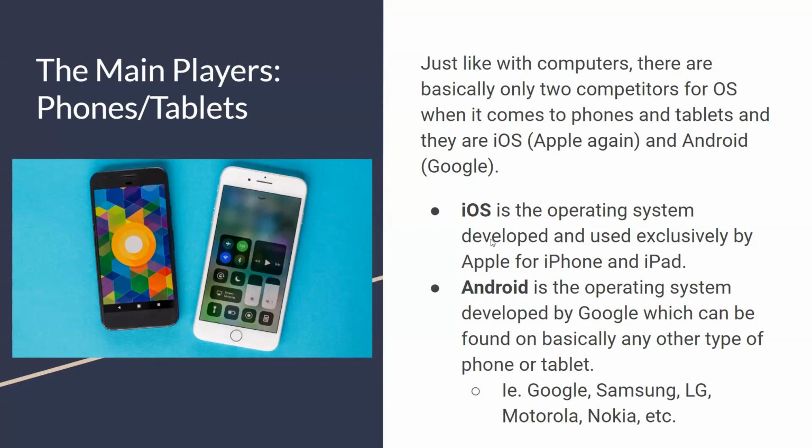So iOS is the operating system developed and used exclusively by Apple for iPhone and iPads. Android is an operating system developed by Google, which could be found on basically any other type of phone or tablet. Google, Samsung, LG, Motorola, and Nokia.